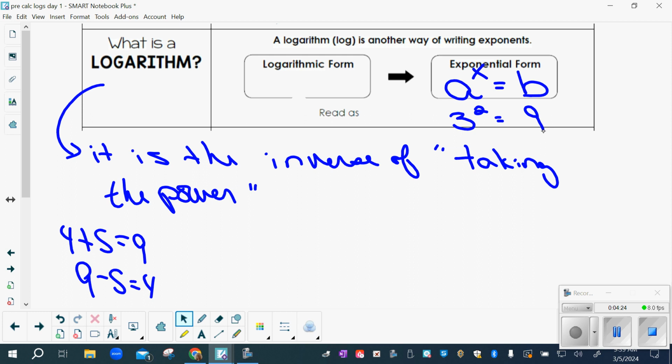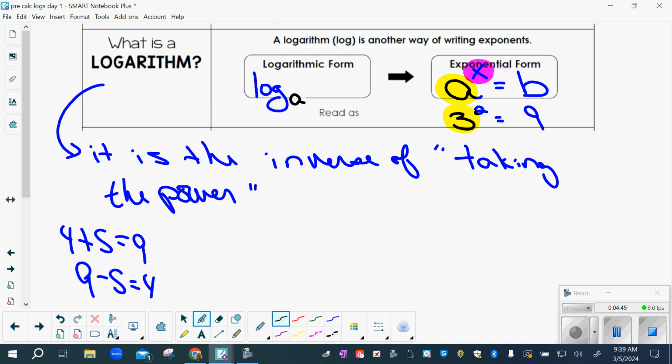And I literally say this in my head. I'm going to have the word log. The base, check this guy out. See how that's the base? The base goes in the basement. The exponent becomes our answer. And then finally, the last guy, the answer guy, he has a name.